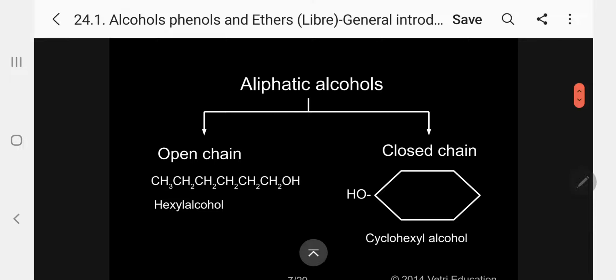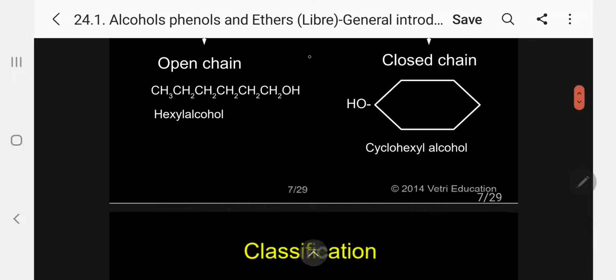Coming to aliphatic alcohol: open chain and closed chain. Open chain, as usual, is 1-hexanol or hexyl alcohol. Closed chain is cyclohexyl alcohol or 1-hydroxycyclohexane. Kindly follow.